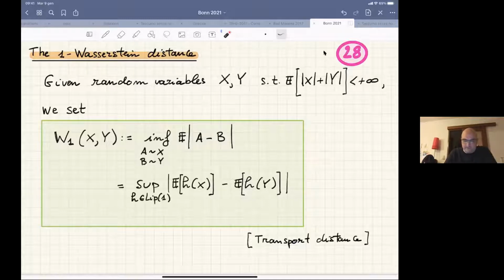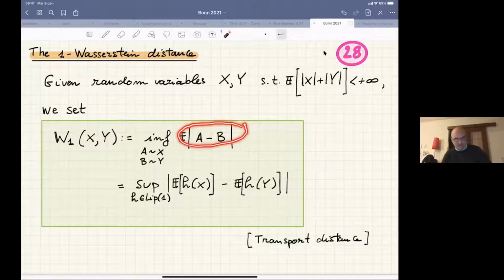Given two random variables, X and Y, both integrable, I define the one Wasserstein distance between the distribution of X and the distribution of Y, first of all, as the infimum over all pairings of random variables A and B, such that A is distributed as X and B is distributed as Y, of the expectation of the difference in absolute value between A and B.